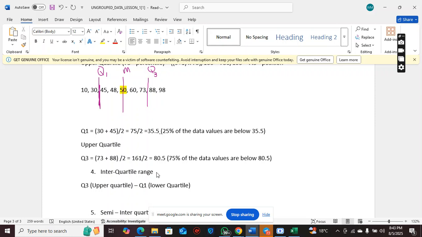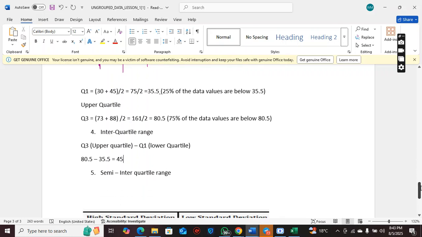So our upper quartile was 80.5 minus 35.5. 80.5 minus 35.5, we get 45. That is our interquartile range.